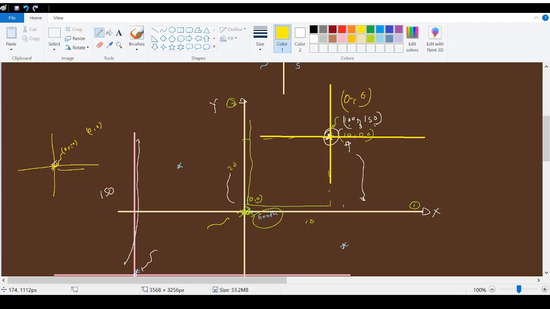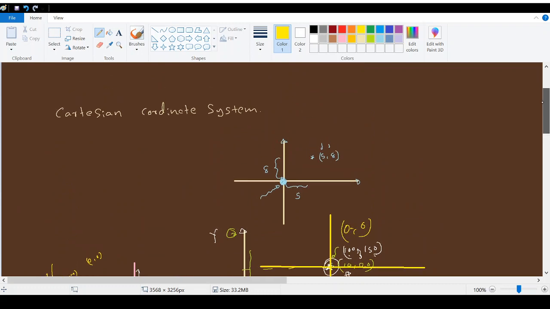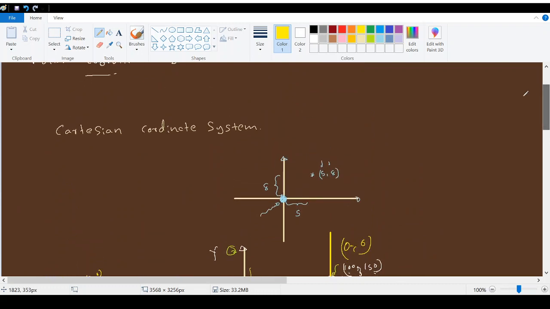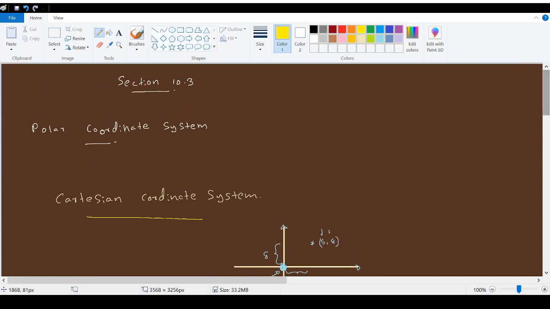Then we measure distances along these two axes and mark the positioning of the other objects as a pair like this. So that's the basic method to obtain the Cartesian coordinates of a given point.